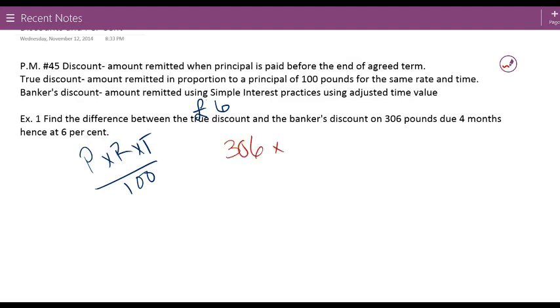Our rate is still 6, and our time is still 1/3 over 100. Okay, so again, when we multiply 6 times a third, we get 2. When we multiply 306 times 2, we get 612. And then when we divide by 100, we get 6 and 12/100ths of a pound.